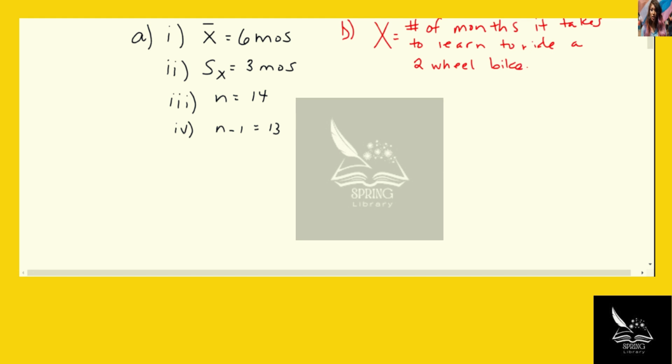All right, part C then says, well, what is the mean of this random variable? And it's literally the mean of the number of months to learn to ride the same two-wheel bike, but from our sample of 14 kids.